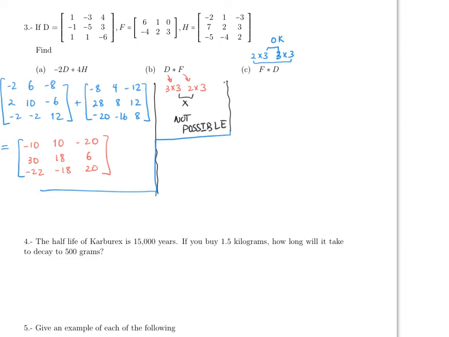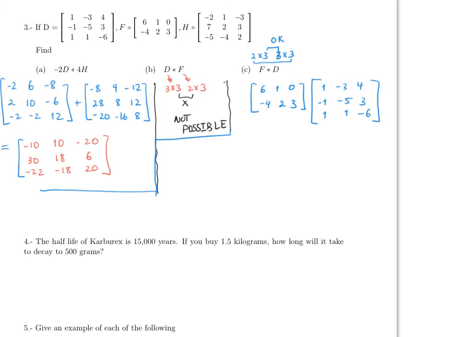All right, so here f is equals to 6, 1, 0, minus 4, 2, 3, and d is 1, minus 1, 1, then minus 3, 4, minus 5, 3, 1, negative 6.